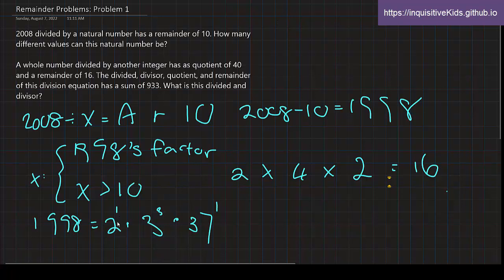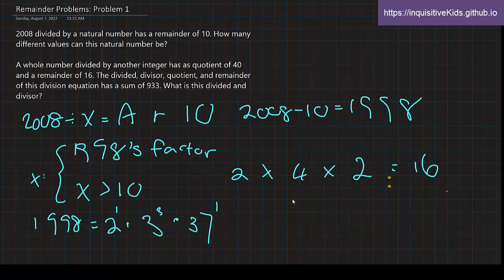So 2's, you can either have no 2's or one 2. 3's, you can either have 0 3's, one 3, two 3's, or three 3's. And 37, you can either have 0 37's or one 37. So we multiply the different possibilities and combinations together, which is 16. So that's the total number of distinct factors it has.